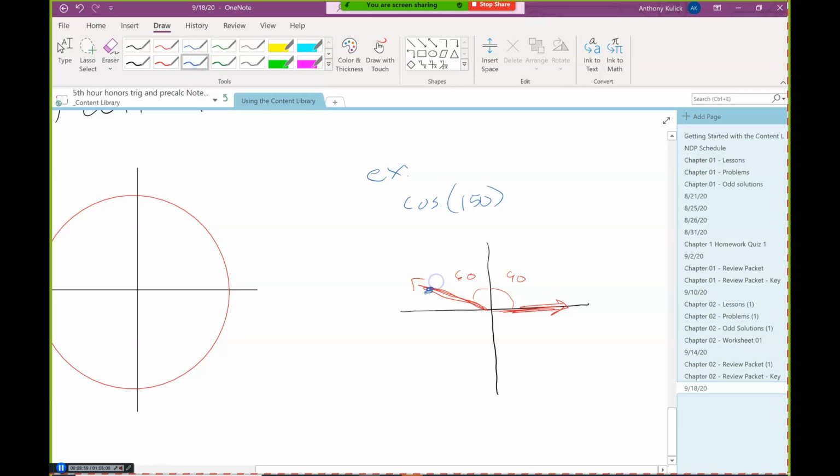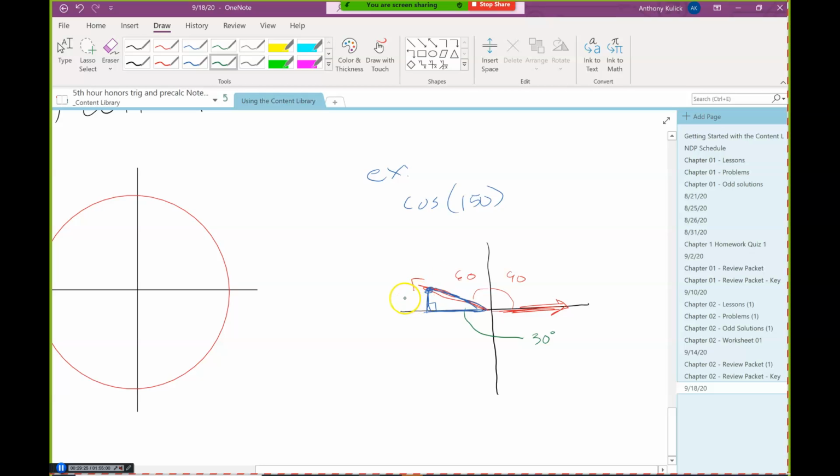I'll pick a point on my terminal side and make my right triangle by drawing back to the x-axis. Worth noting, this angle here is 30 degrees. So this makes a 30-60-90 triangle. Everybody okay with that?